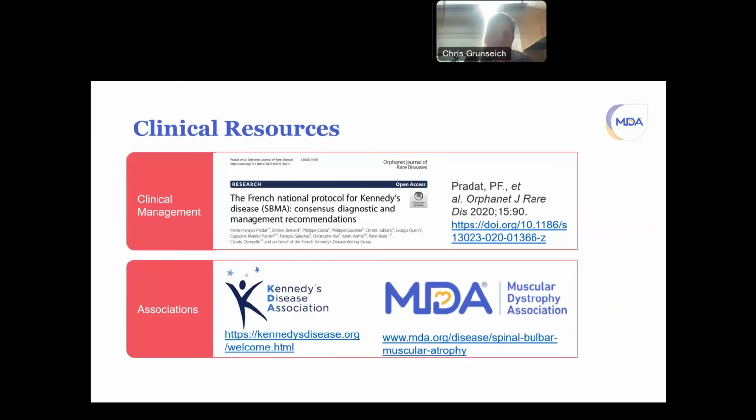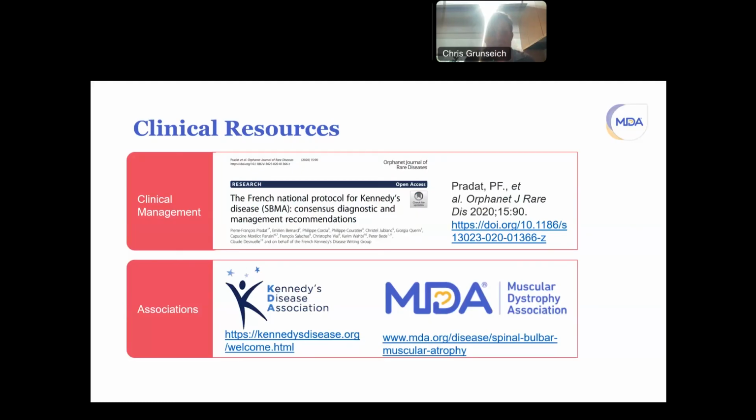Other resources include, I attach a publication here by Dr. Perdat's group in France. They recently published a consensus diagnostic and management recommendation. And this is a very useful set of guidelines if you'd like to delve into more literature on what the diagnostic and management recommendations are.